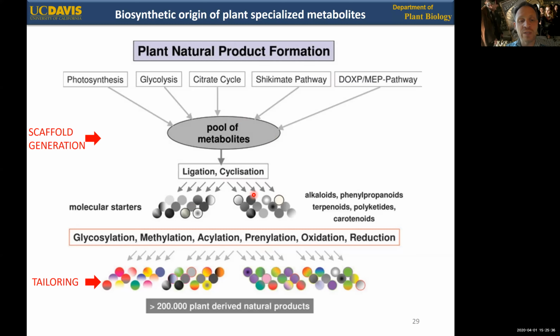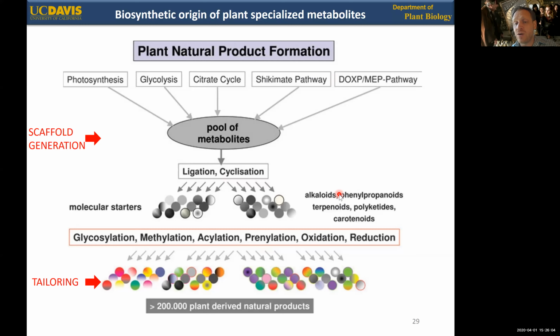The most common ones are glycosylation, methylation, acylation, prenylation. But the major one being oxidation, and some we also see reduction. So those are really contributing to massively diversifying these base scaffolds now and adding bioactivity to these compounds. And again, we will look at these as we're moving through the different metabolite classes.